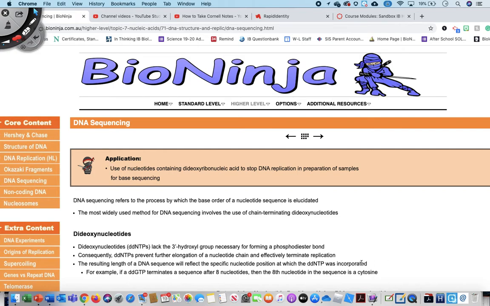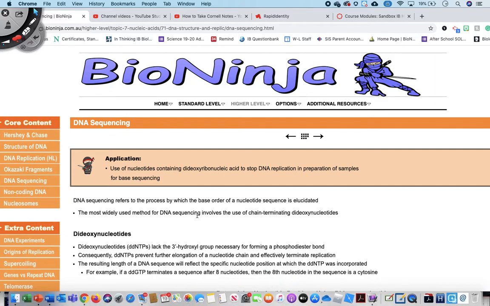Today we're going to continue with 7.1 and we are going to look at DNA sequencing and how it's done. This is one of the applications, and to be more precise, it is how the Sanger method uses nucleotides containing dideoxyribonucleic acid, also known as dideoxynucleoside triphosphates, to stop DNA replication in preparation of samples for base sequencing.